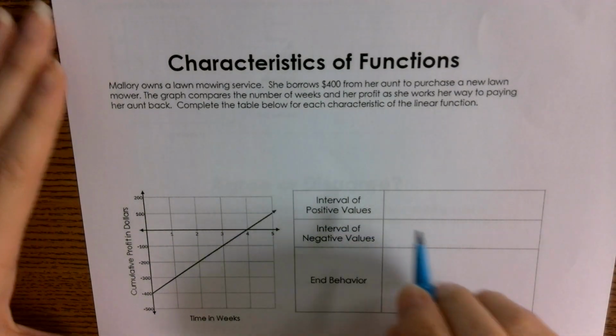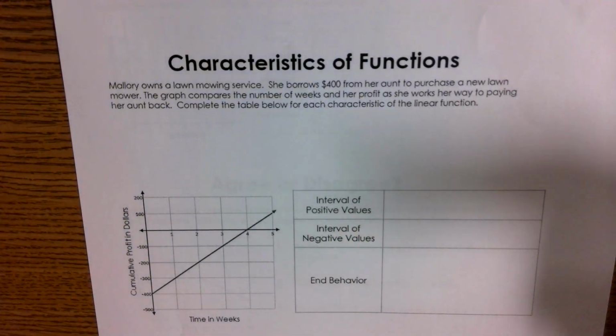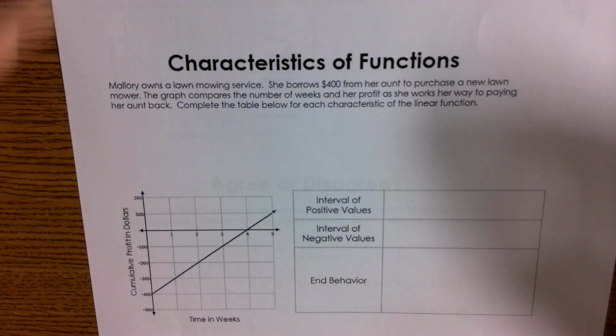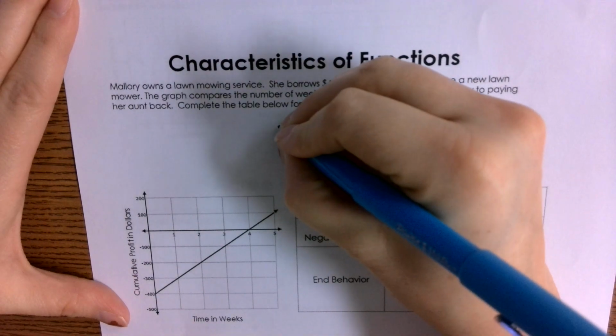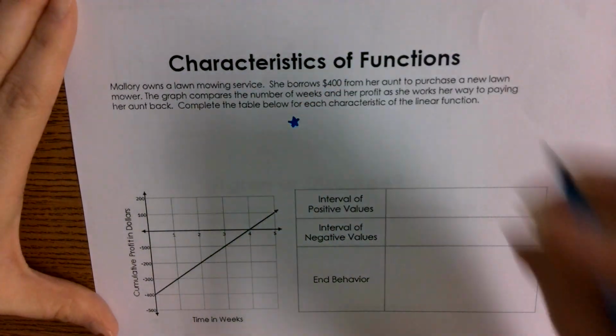So the first thing that I want to talk about is, what do we mean by our interval values for positive and negative? One of the things that you want to make sure that you're focusing on, go ahead and write a star note here.